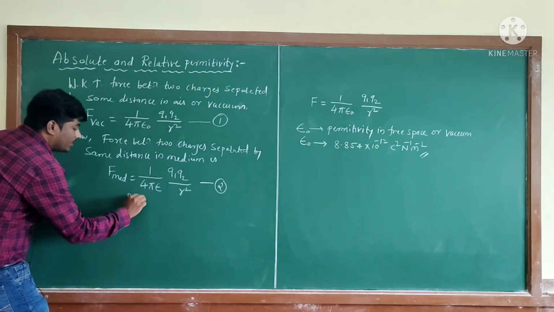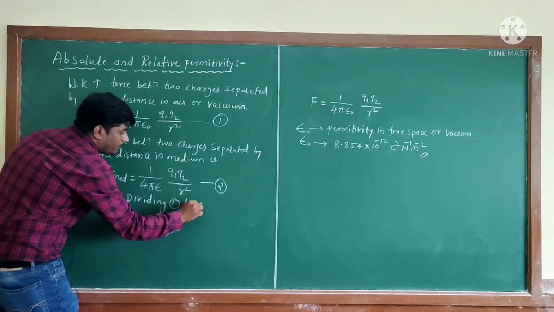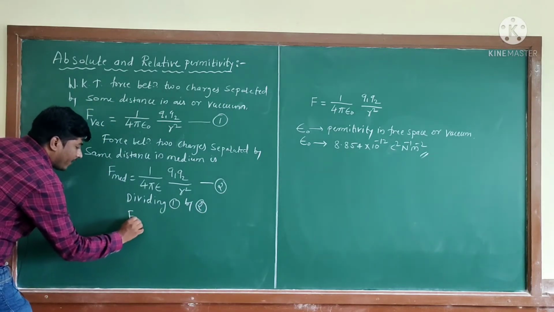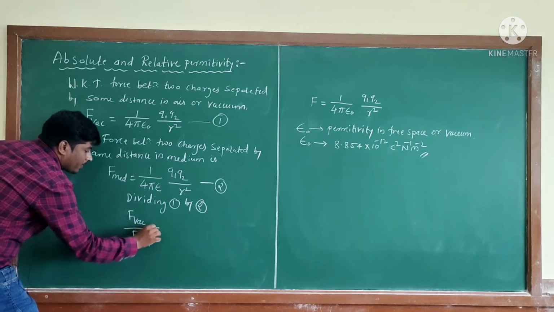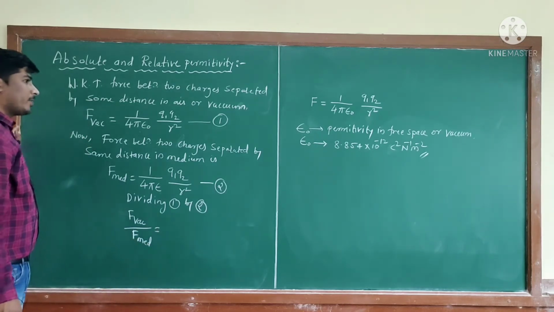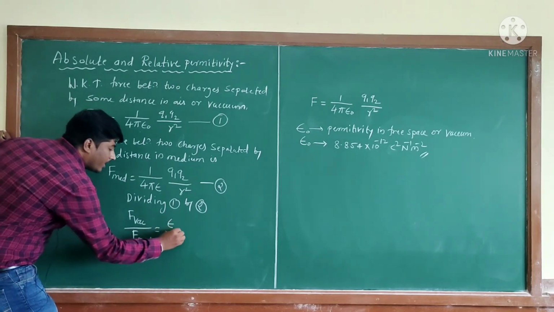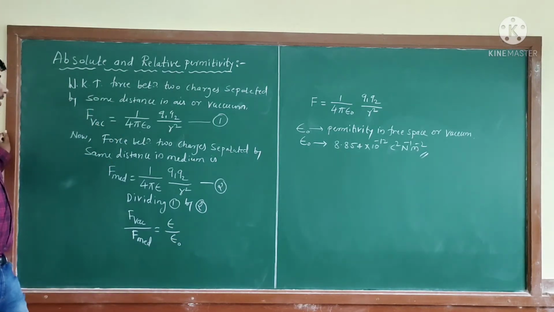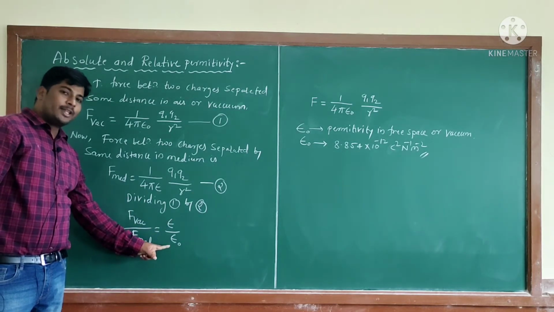Dividing equation 1 by 2, we get F vacuum divided by F medium. What will I get? That is epsilon divided by epsilon naught, the permittivity in the medium to the permittivity in free space.